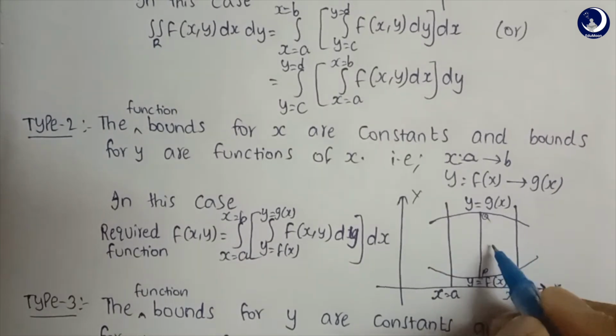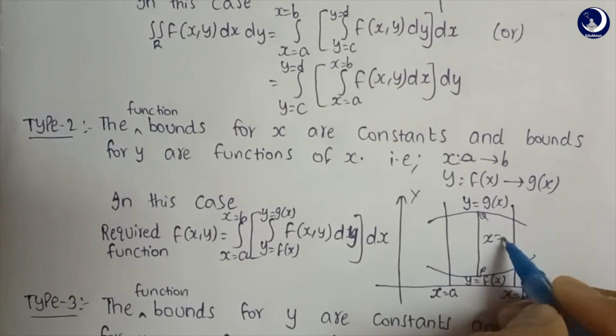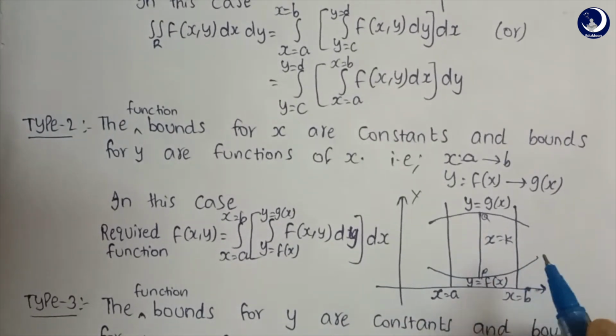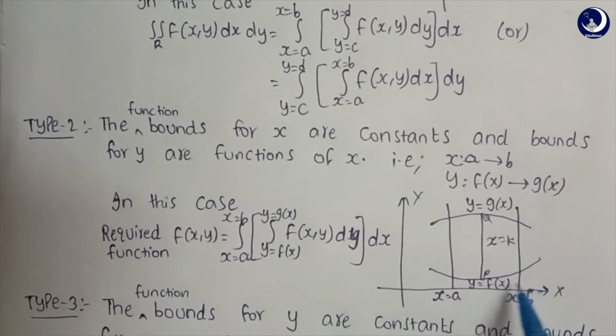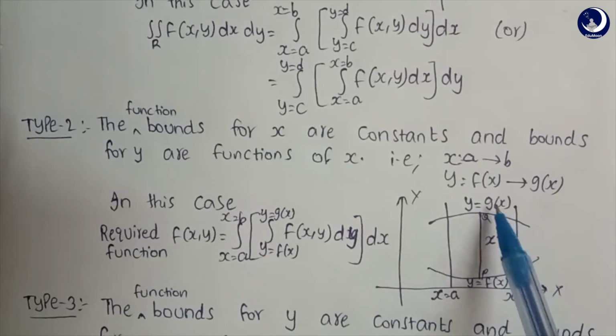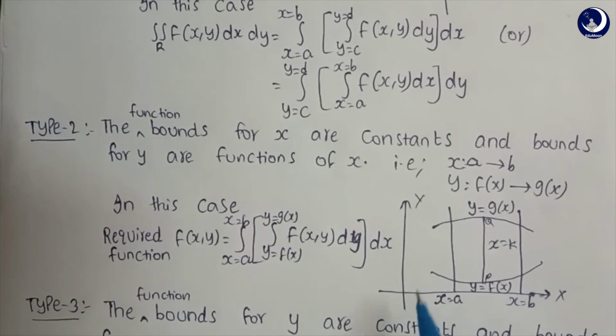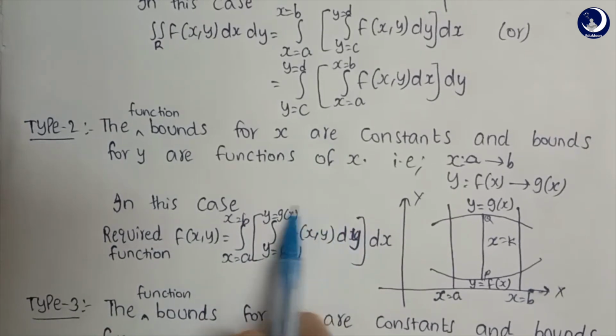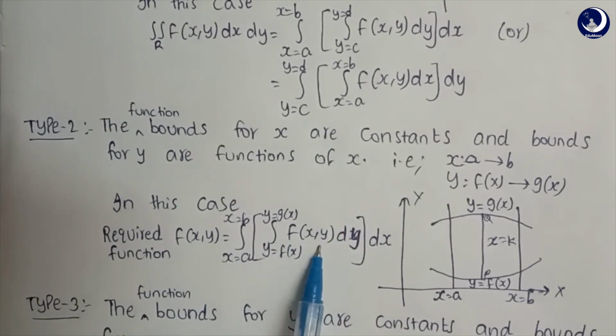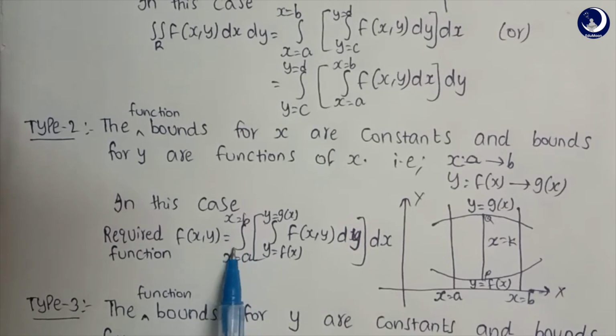That means the x limits are constants here, x equal to k. Since the x limits are constants, I took the y limits as variables. So I bounded this region for which the y limits are variables and the x limits are constants.